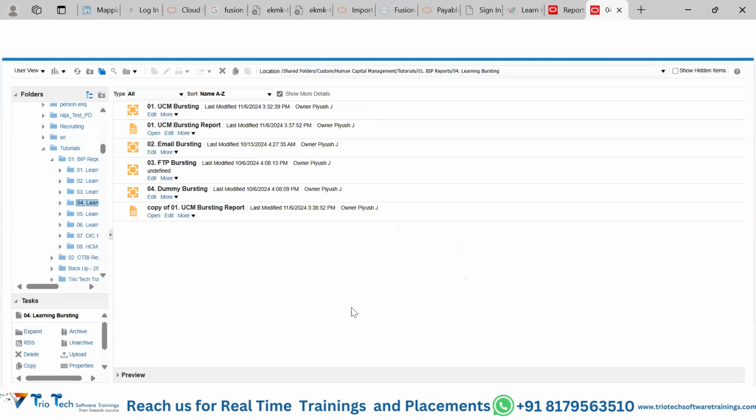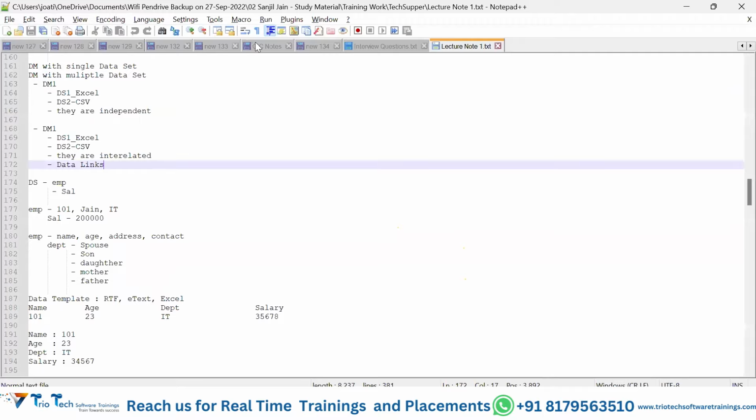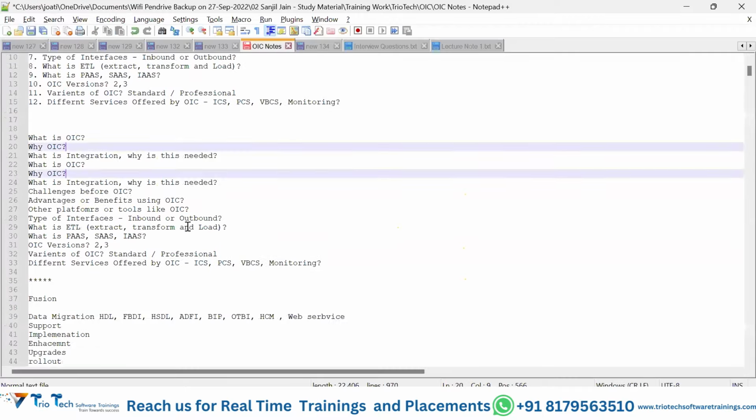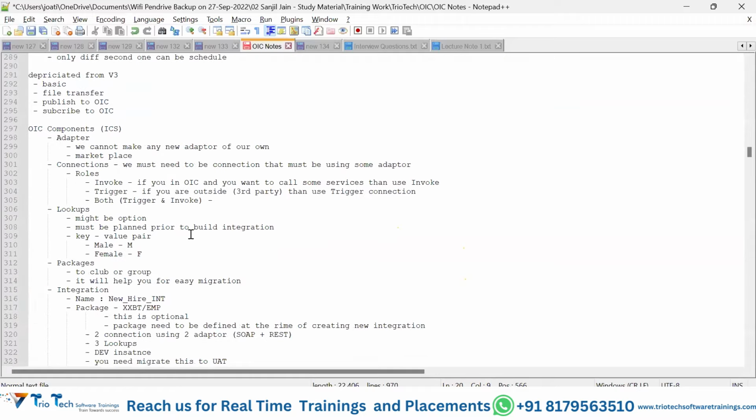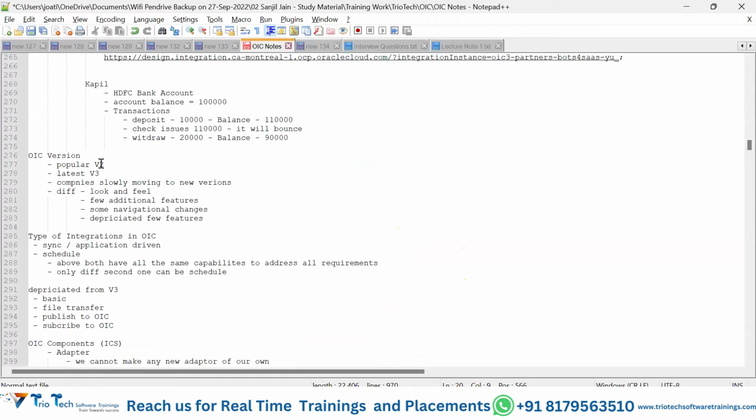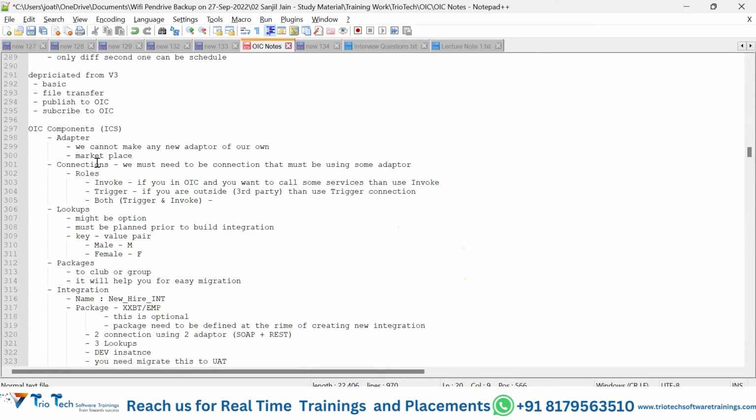In the same way for OIC also, we have more than 50-60 different sorts of integrations available. For OIC, we will be understanding the different versions of OIC, the description, and the components of OIC.